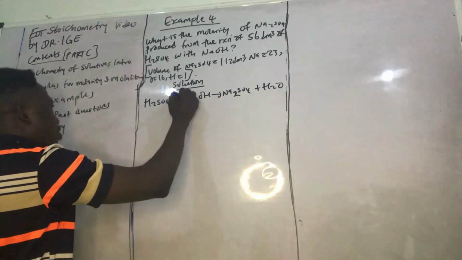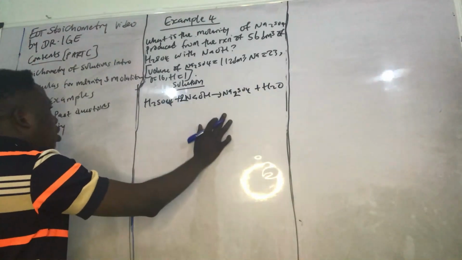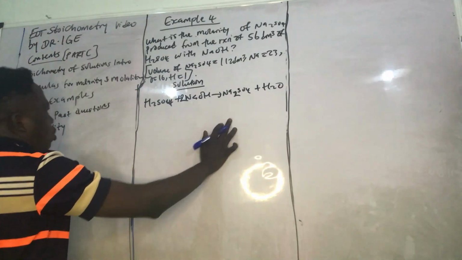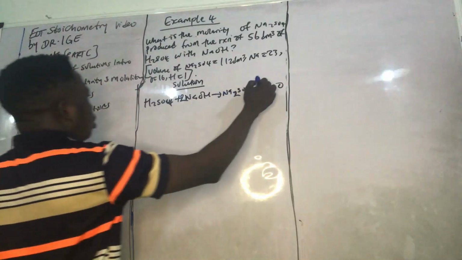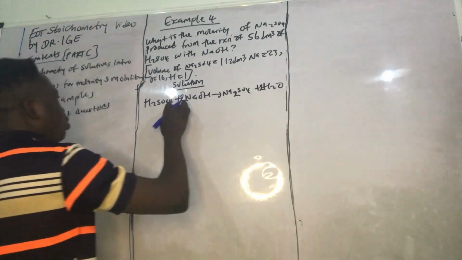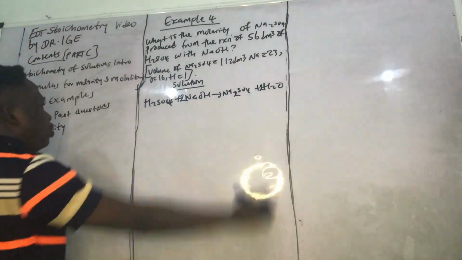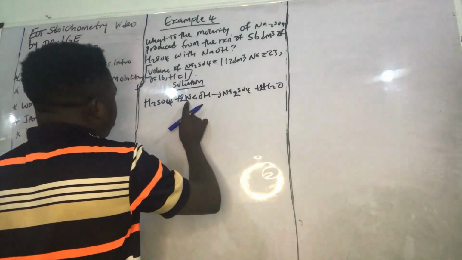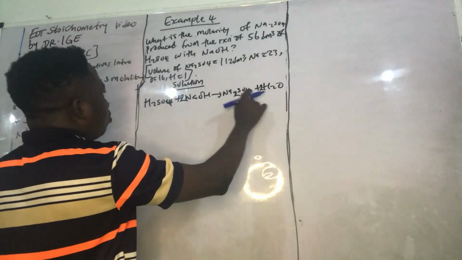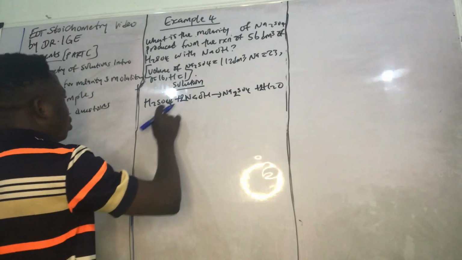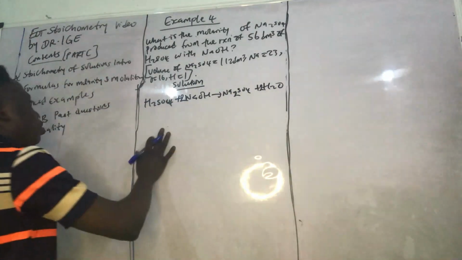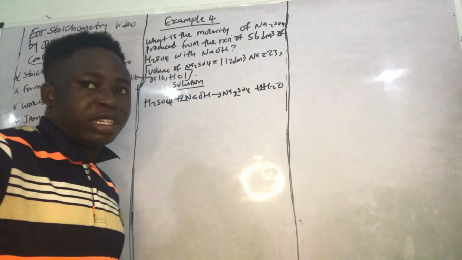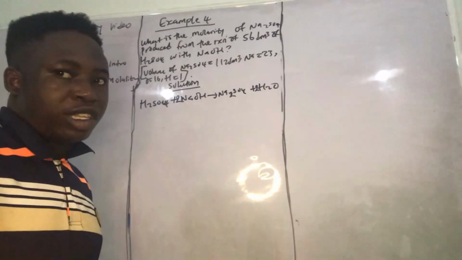We have to balance it. We have H2, that's 4 hydrogen. Oxygen is actually 2 plus 4, 6. Sulfur is 1. So everything is balanced now. Please, let's ignore the state of matter for now.